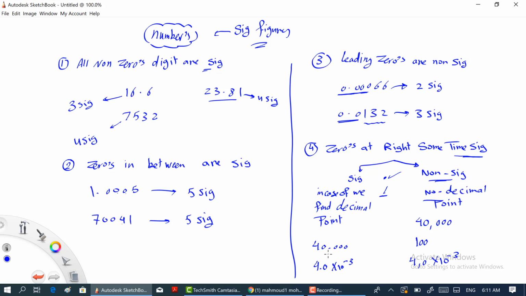In this case, we will find the decimal point, so all the zeros at the right will be significant. So the number of significant figures in this case is 1, 2, 3, 4, 5. We have 5 significant figures.